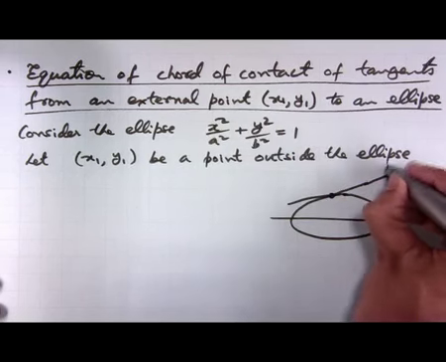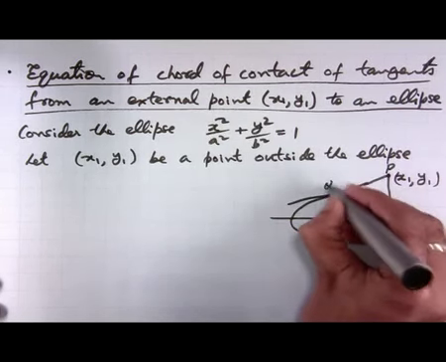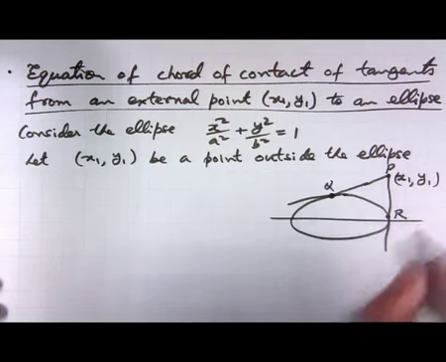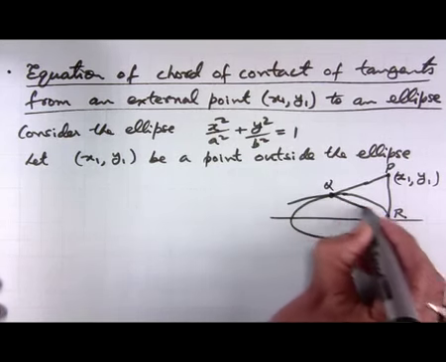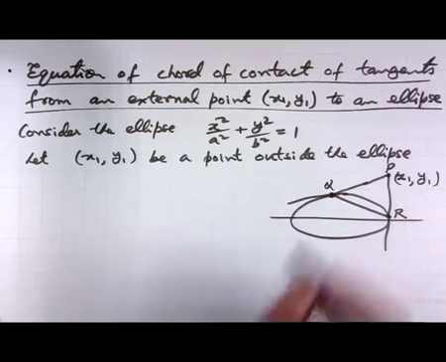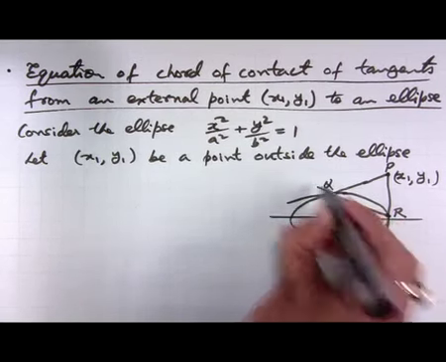So, let P be this point and Q and R be the points on the ellipse where the tangents are drawn, and then we want to find the equation of this chord QR.